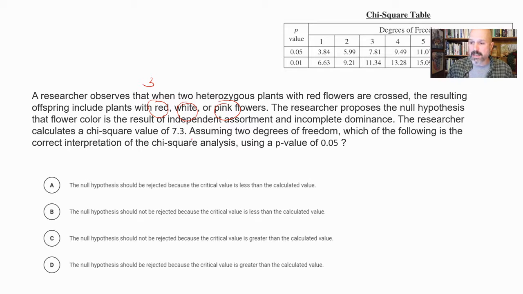Okay, now in here, they told you how many degrees of freedom. If they said that there were 3 groups, then you have to do the math yourself. But they've already given you the degrees of freedom. And we're always using 0.05. Following is the correct interpretation.